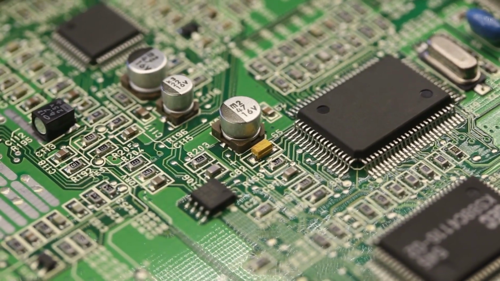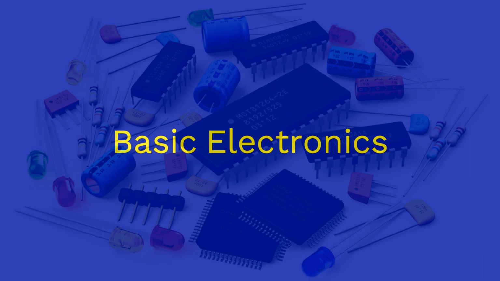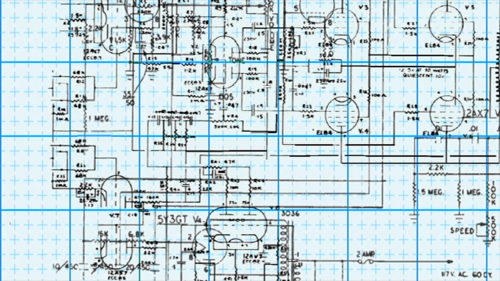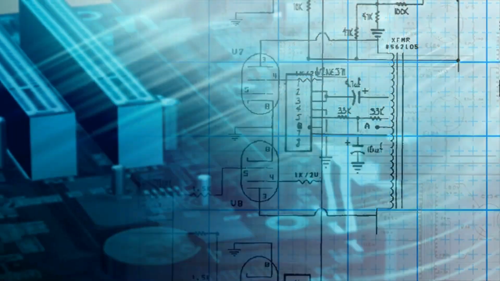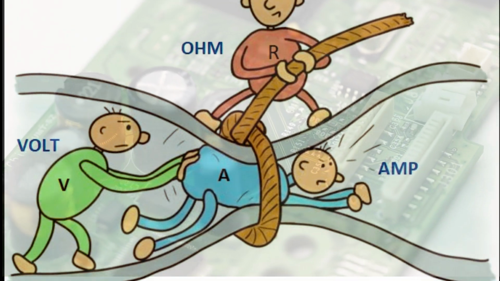Let's dive in. Knowledge of basic electronics. To excel as an embedded developer, it's crucial to have a solid understanding of electronics, digital systems, and microcontroller architecture. Start by learning the fundamentals of electronics, including basic circuit analysis, digital logic, and microcontroller principles.